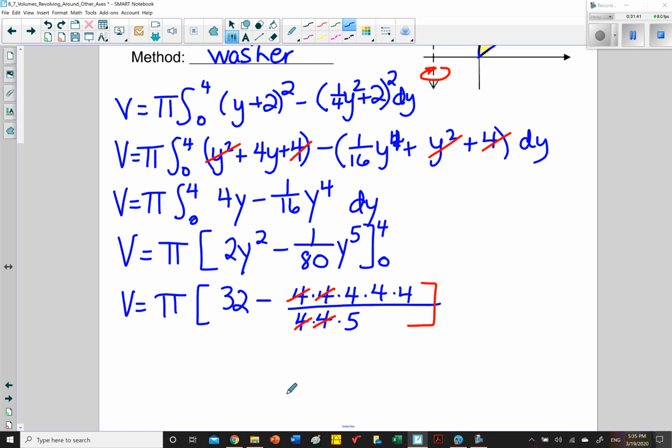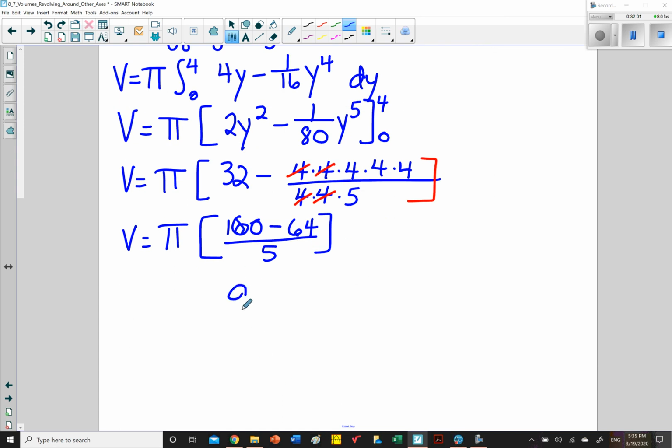What'll that be? 5. So we got pi, that's 160, and 4 cubed is 64. 160 minus 64. What is that? 96 pi over 5. Volume, 96 pi over 5.